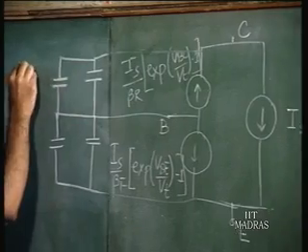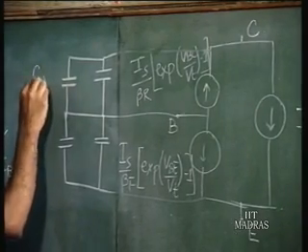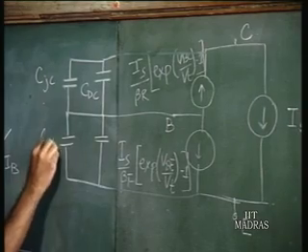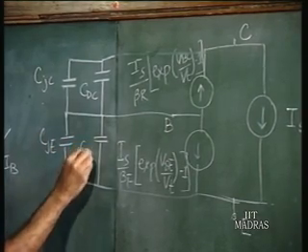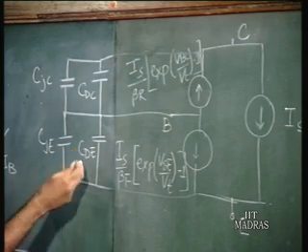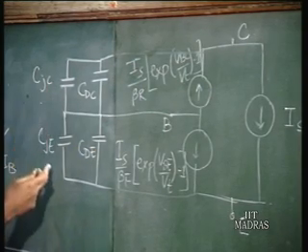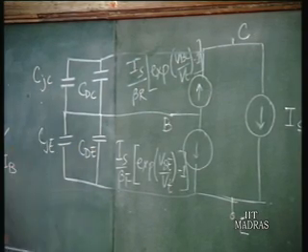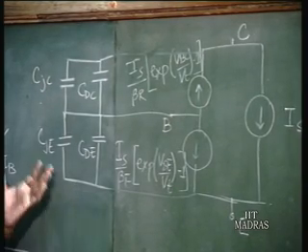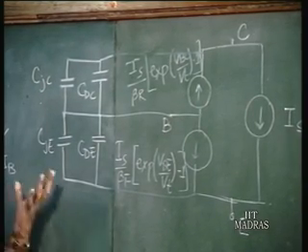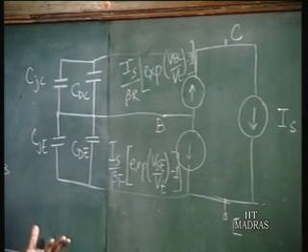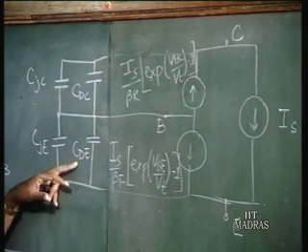So this is CJC, I can call it. This is CDC, CJE, this is CDE. So you have the two capacitances. Again, these are the junction capacitances, and they have a similar relation as in the case of a PN junction diode, and they can be extracted in a similar fashion by reverse biasing the particular junction, and evaluating the capacitances.